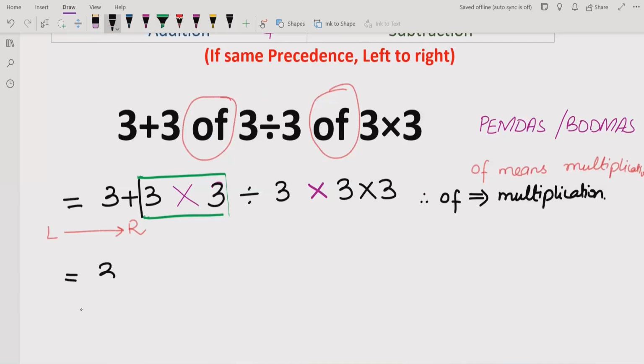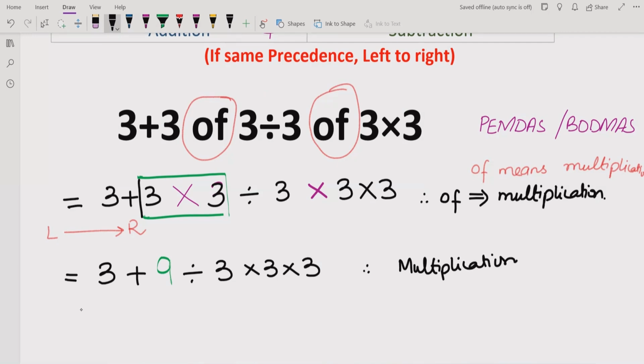So now 3 plus 3 is 9, right? Now we will have 9 here divided by 3 multiplied by 3. We did multiplication here, right?